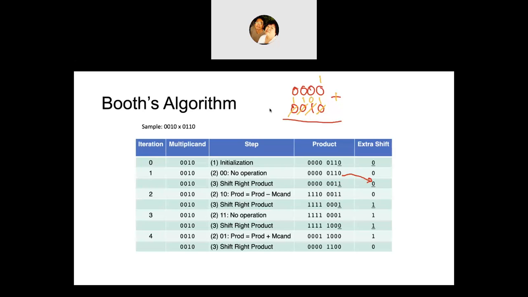So what I get is 0, 1, 1, 0, 1, 0, 1. I just put this to the left-hand side of the product. That is why we got this one.